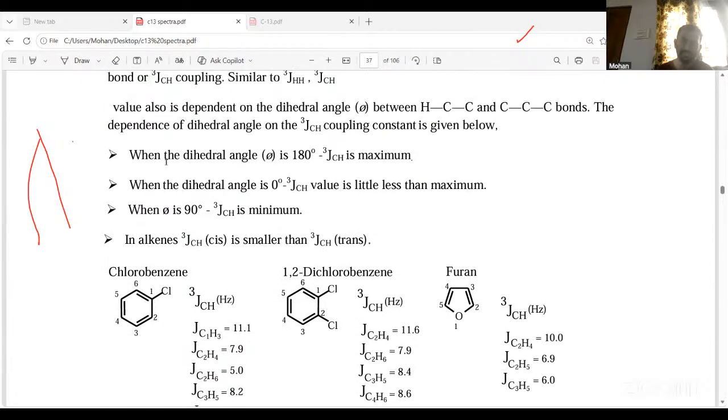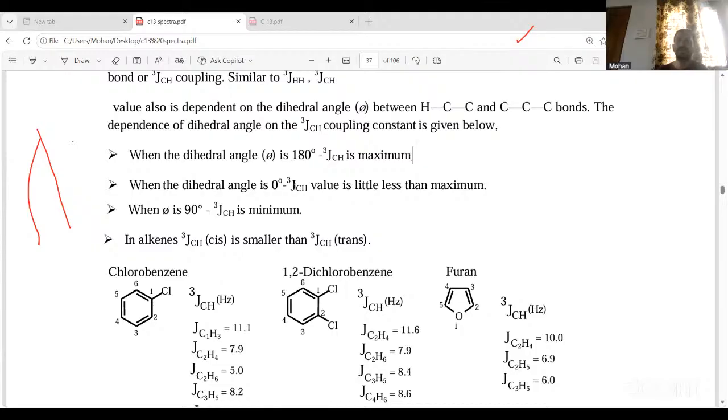Now you see the various cases observed when the dihedral angle is 180, then the J3 coupling, three bond coupling, is maximum. 180 means the coupling atoms are in the opposite direction here, like para position, for example, the 1-4 position here in the aromatic. If you take the aromatic substitution, the benzene here, 1-4 position, that is 180 degrees, that angle between them.